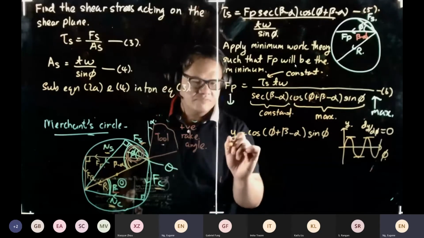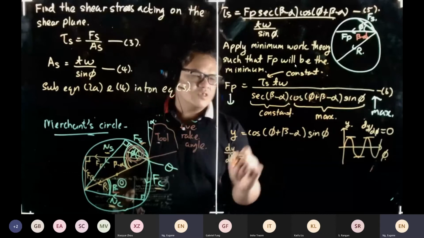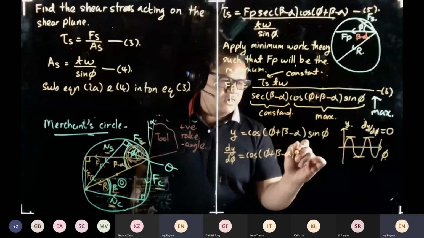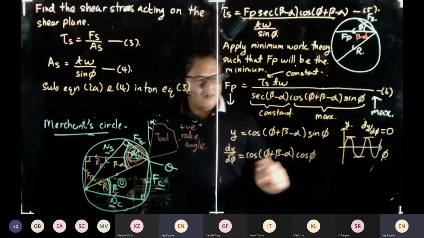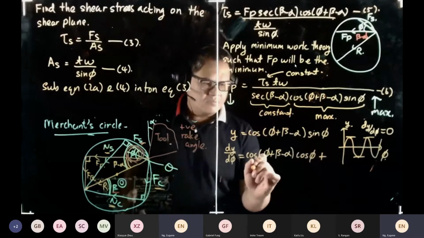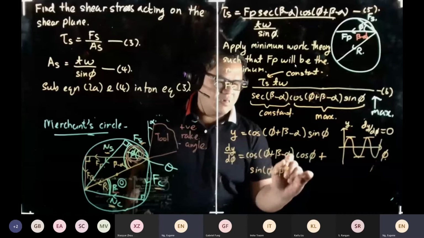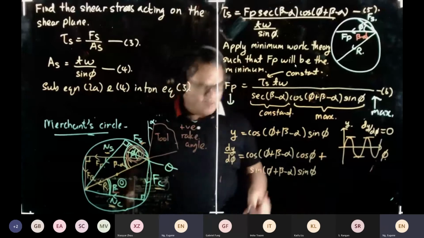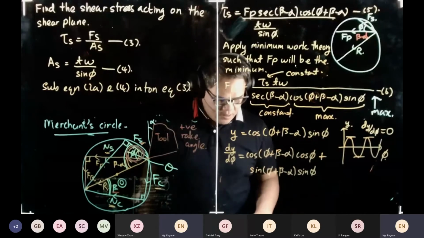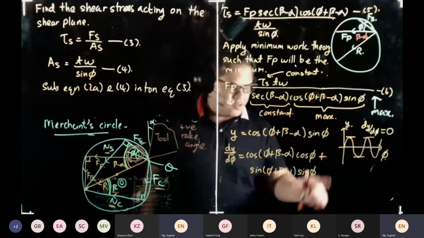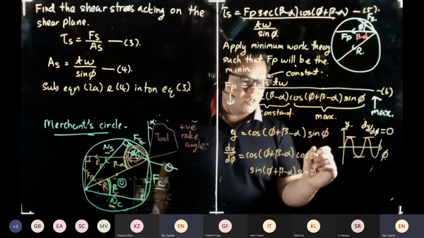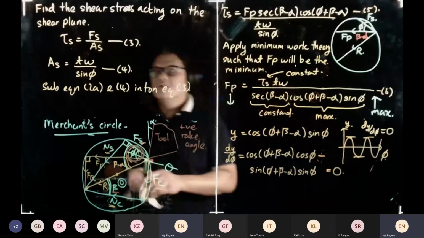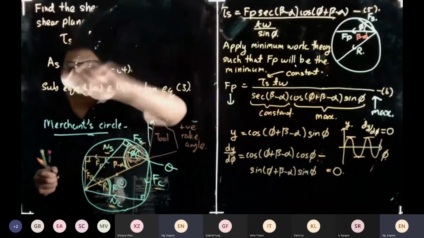So dy over d phi is equal to cos phi plus (beta minus alpha) sine phi. You differentiate cos phi, and then plus (beta minus alpha) sine phi. Okay, so when you differentiate, sorry, this is minus, because cos differentiates to become sine, there is a minus sign over here, and this whole expression will be equal to 0.